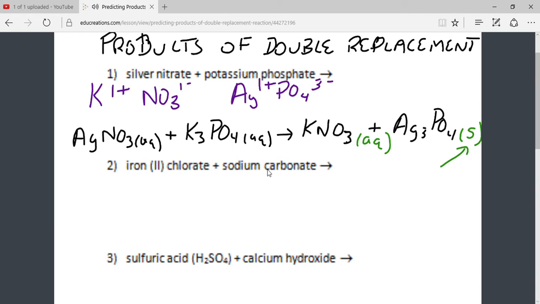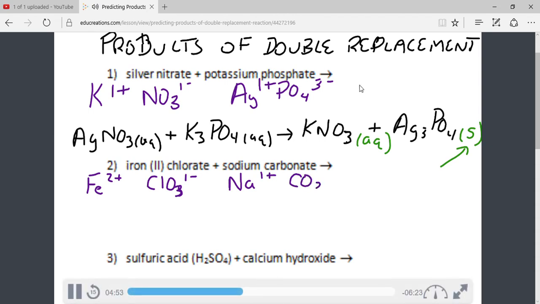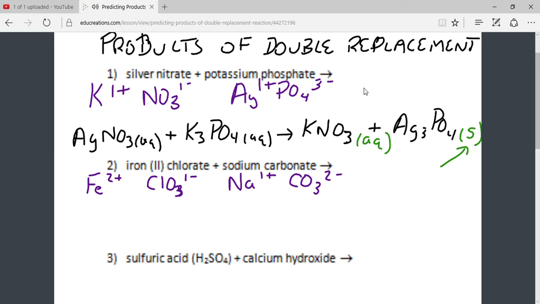Remember to first identify the ions present that participate as reactants. Next, write the formulas for the reactants using the charges of the ions.